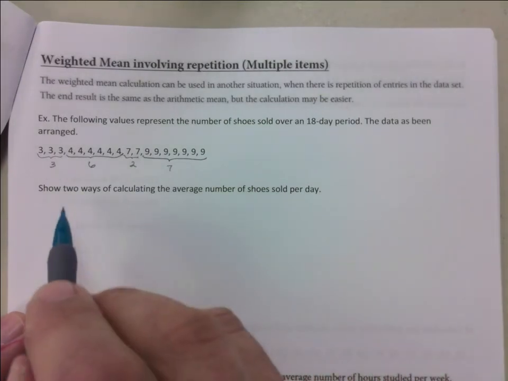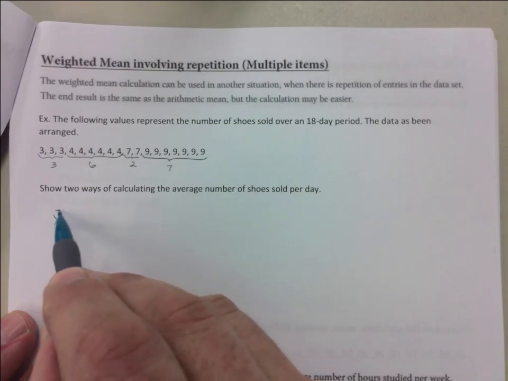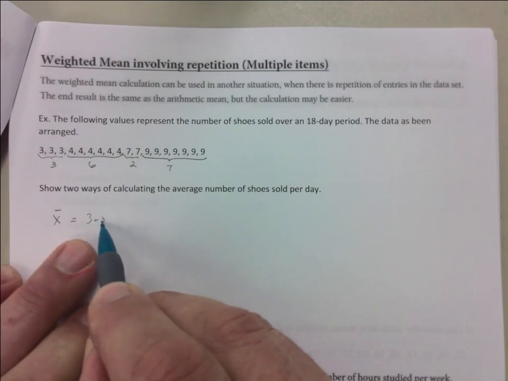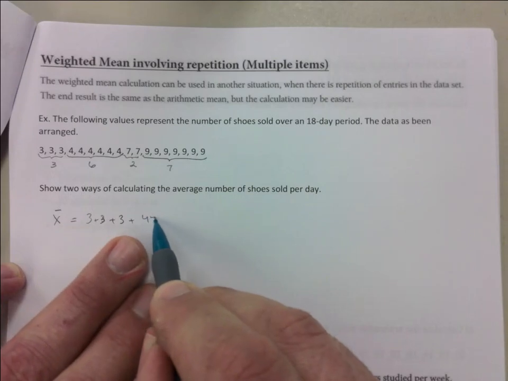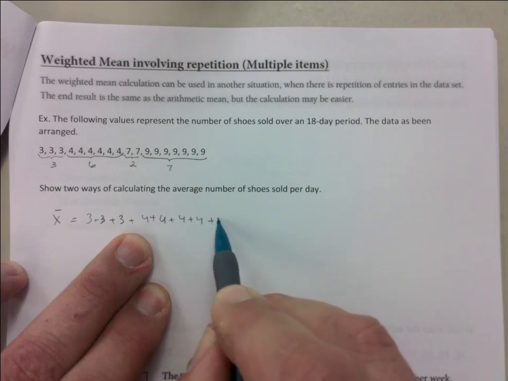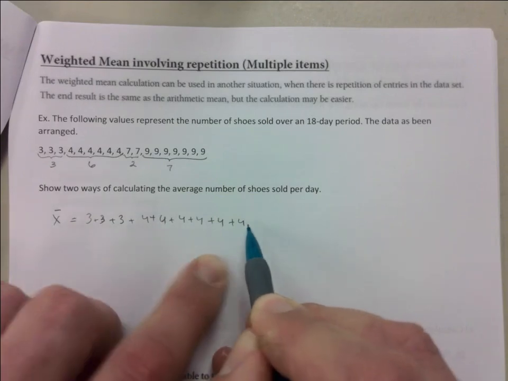Okay. So there's 2 ways of calculating it. First method is 3 plus 3 plus 3, and then 6 of these. There's 6 of those.